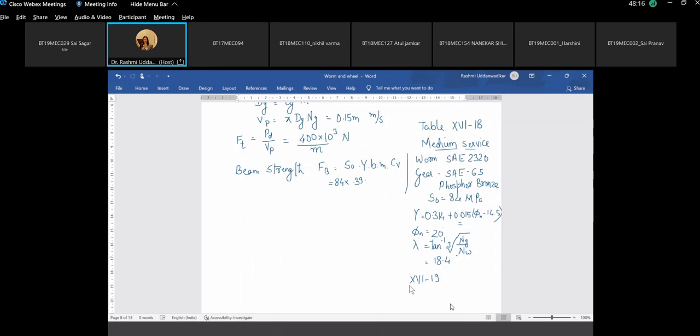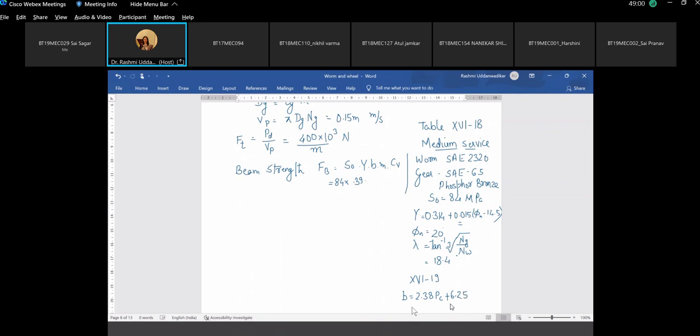How many threads we have taken for worm? Double thread. And so what is the formula for face width given for single and double thread? What is the formula for B? For gear, it is 2.38 times the circular pitch plus 6.25.